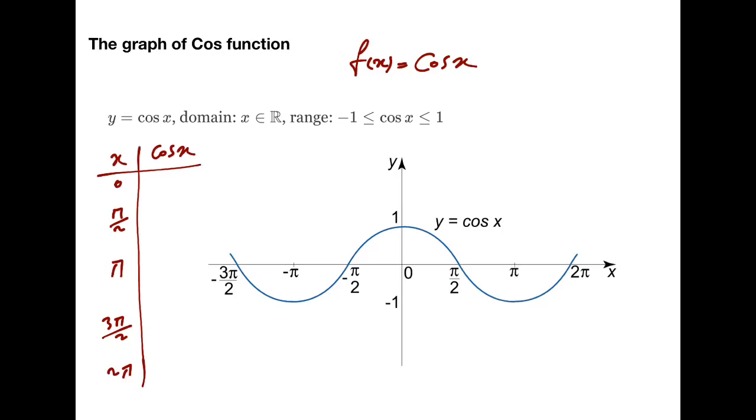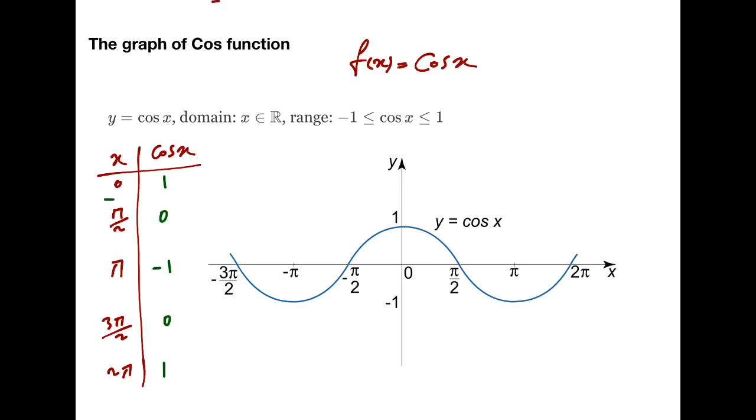Again, you can use a calculator, but I strongly recommend you memorize the trig ratios for these special angles. So if x is 0, cosine of 0 is 1. Cosine of pi half is 0. Cosine of pi is negative 1. Cosine of 3 pi half is 0. Cosine of 2 pi is 1 again.